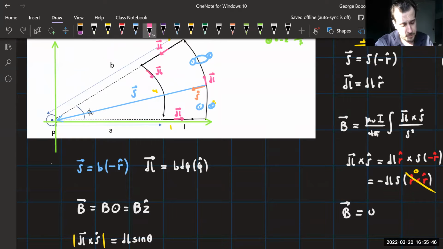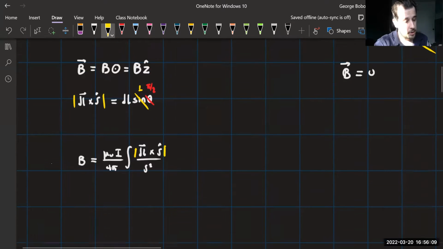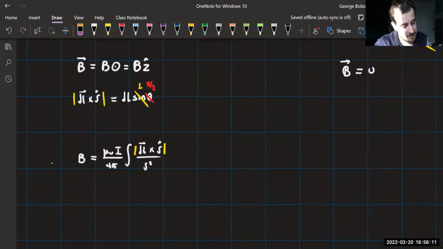No matter where I am on this segment, these are always perpendicular, because one always points in the phi direction and the other always points in the r direction. They're always mutually perpendicular, so that theta between them is pi over 2. And sine of pi over 2, I very well know, is just 1. So wow, look at the simplification here. This is just dL.